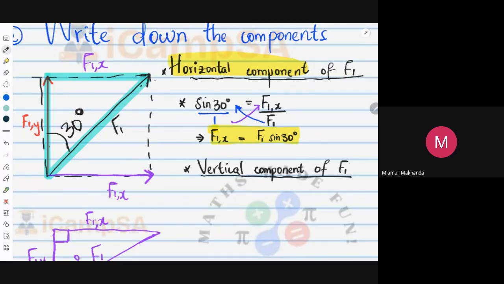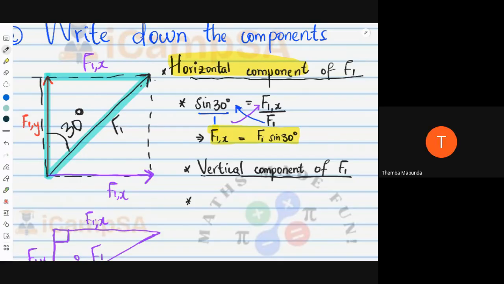Vertical component of F1, we say, now how do we relate the vertical component, which is the y component, with F1 itself? Please type fast on the chat box there. Just tell me what the relationship is. What do I say? Let me give you 1 minute. At 20 past, I start.